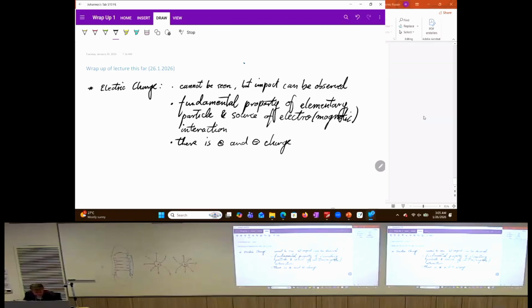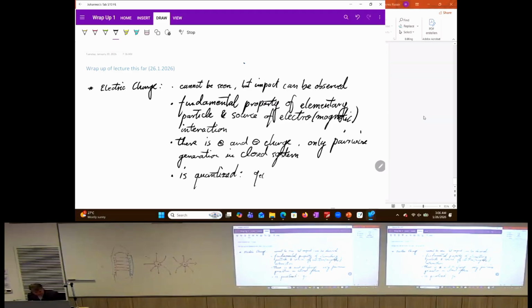Very important, there's only a pairwise generation of these charges in a closed system. If you generate only negative or only plus charges, then obviously you're not in a closed system. The charge is quantized, and we denote it with e. The charge is about 1.6 times 10 to the minus 19 coulomb.